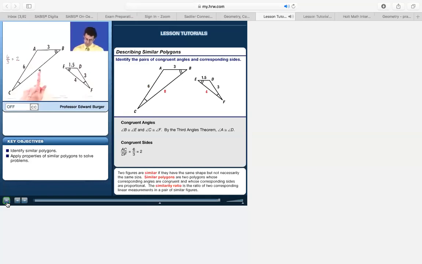So I'm always looking at big to small. So that's 8 is to 4, and we see again 2. And finally, the side opposite the one marked angle, we see 3, and here we see 1.5. So I see 3 is to 1.5, and that equals 2.